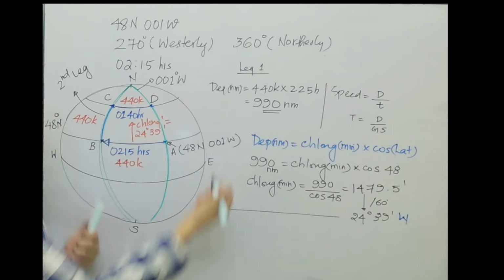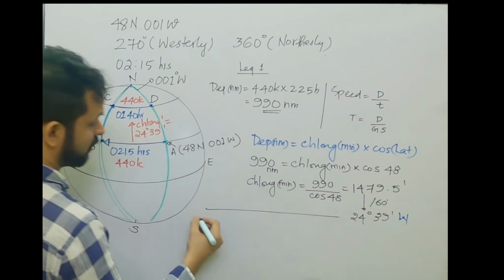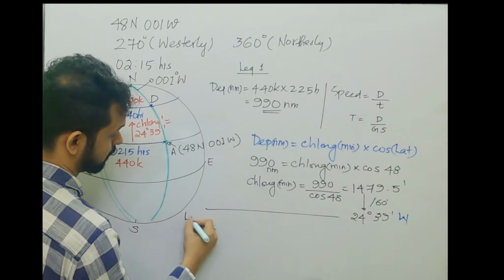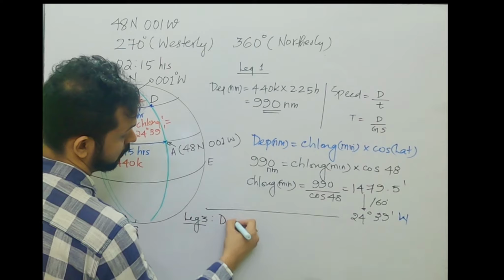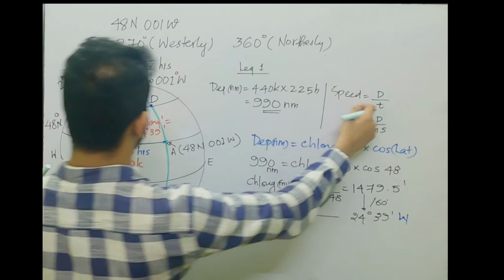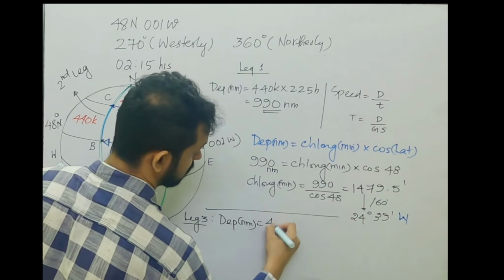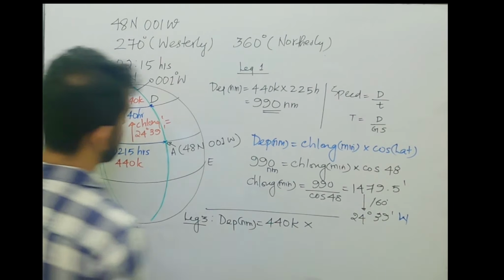Again, we apply the same departure equation. But before that, we have to find out what the value of departure is. So we're looking at leg 3 here. So leg 3, departure in nautical miles is equal to distance, which is speed into time. Speed is again constant, the ground speed is 440 knots multiplied by 1 hour 40 minutes.